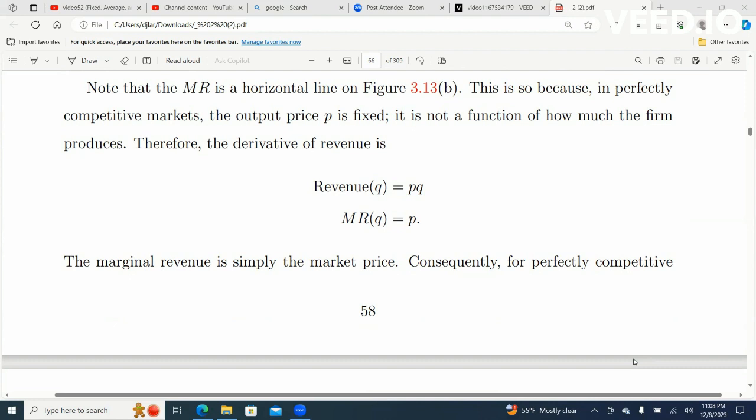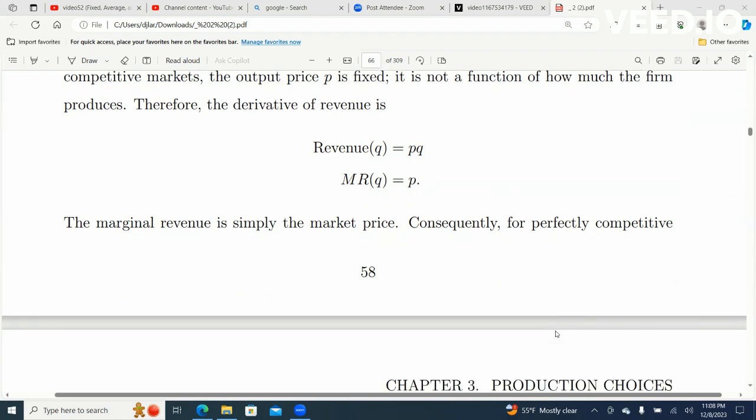Note that the marginal revenue is a horizontal line in figure 3.13b. This is because in perfectly competitive markets, the output price P is fixed. It is not a function of how much the firm produces. Therefore, the derivative of revenue, the marginal revenue, is simply the market price.